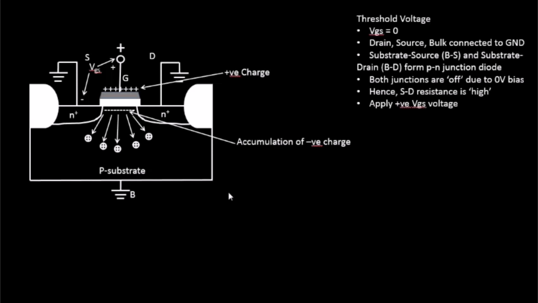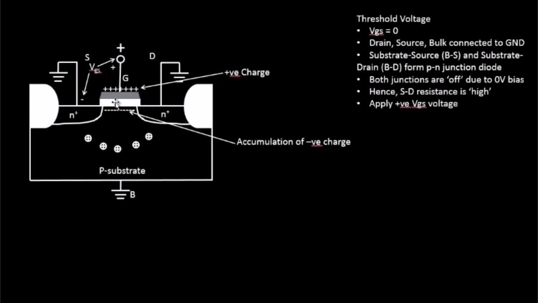And just as it happens in a p-n junction diode, you have the p area and the n area. Whenever the n area is depleted of its majority carriers, there is a depletion region formation. Whenever the p-type area is depleted of its majority carriers, there is a depletion region formation.